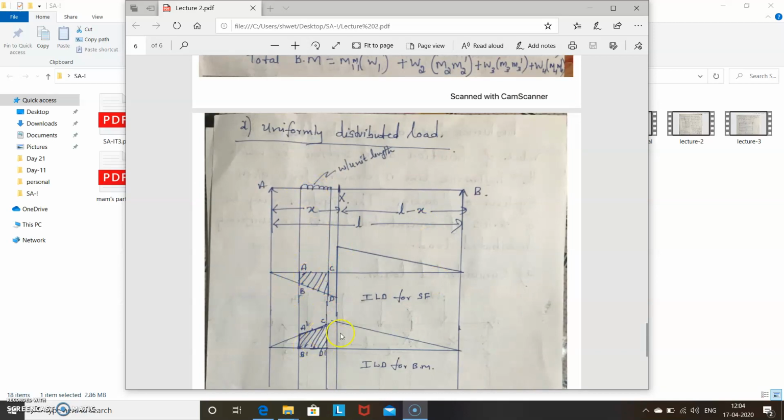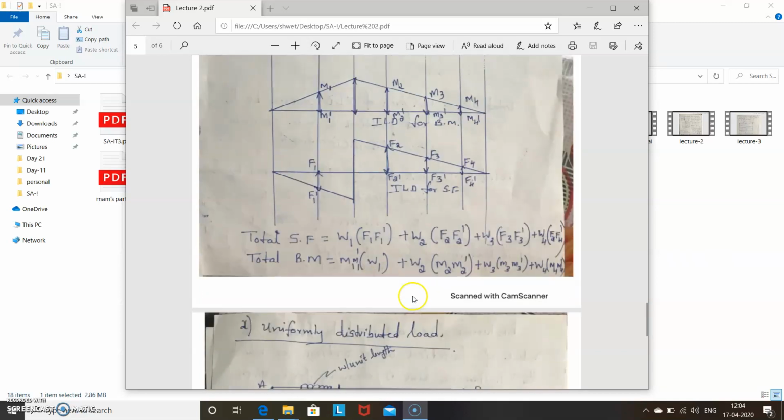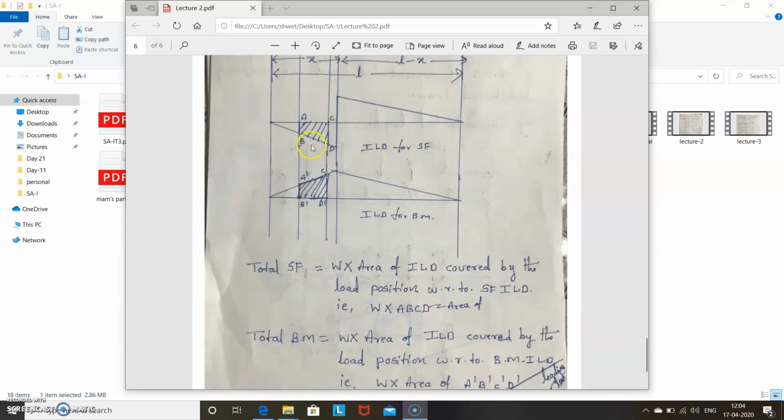That is the difference. If it is for shear force, take it from the shear force diagram. If it is for bending moment, take it from the bending moment diagram. These are the things we are going to do now. Next class onwards, I'll start with the problems.